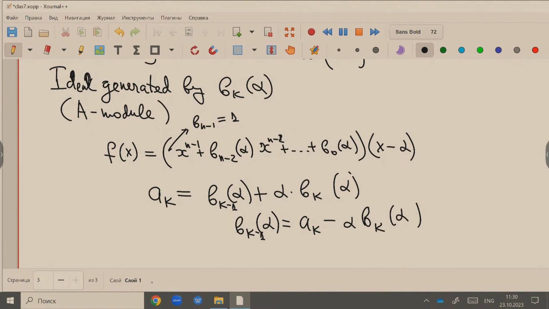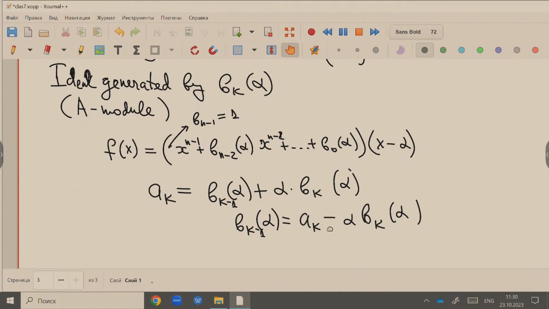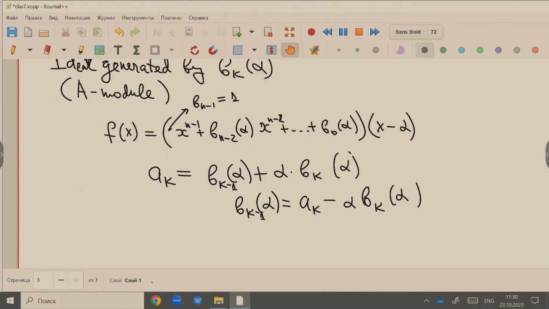So this formula gives you that the b_k are integer polynomials with coefficients in alpha, and so this is degree 0, degree 1, etc., degree n minus 1 polynomial.